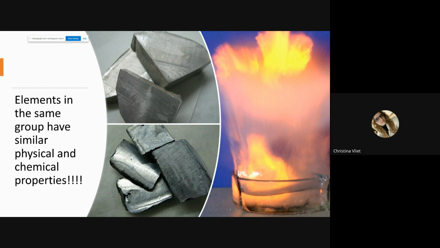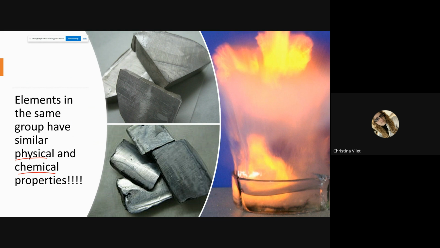Elements in the same group have similar physical and chemical properties. So we can actually draw conclusions about how an element behaves based on the group of the periodic table it's located in. The reason why these are called the noble gases, group 18, which is the only one we've looked at a little bit, is because they don't react at all in a chemical reaction. They're stable because they have their energy level filled with electrons.